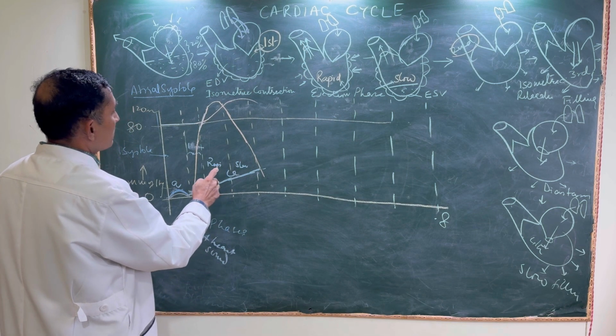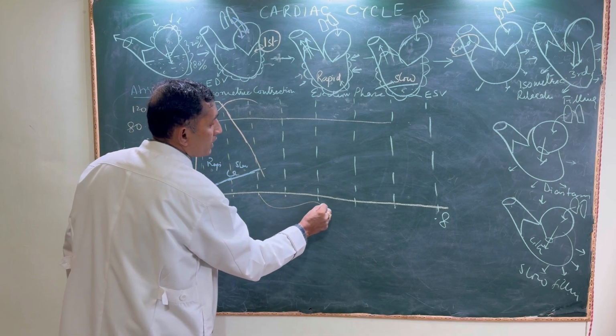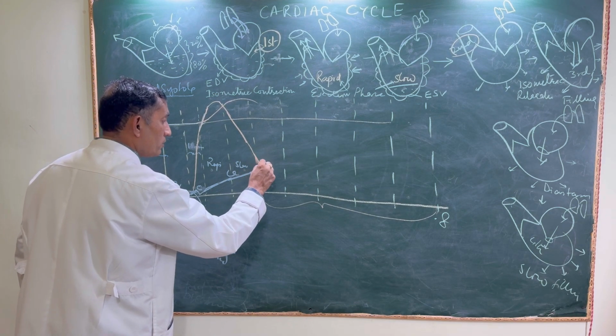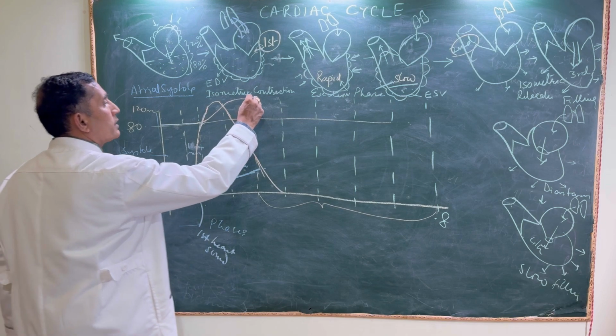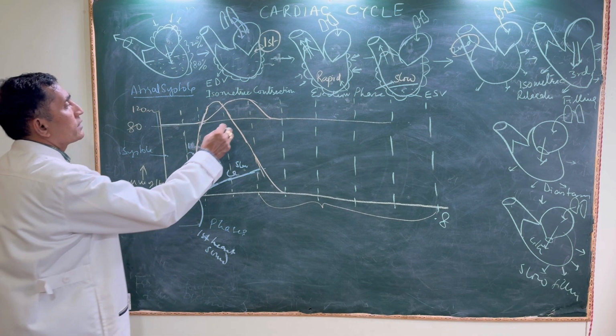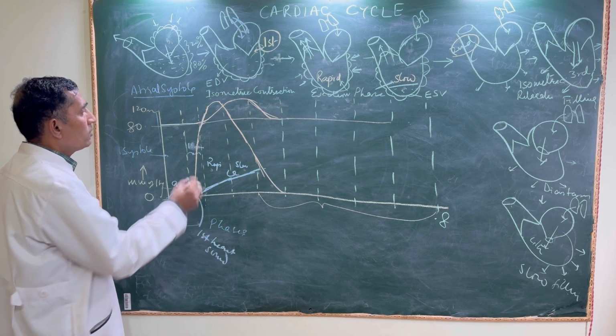Now, coming to rapid ejection and slow ejection, from this we start the ventricular diastole. In ventricular diastole, the pressure is reduced, and the pressure also comes down in the aorta.